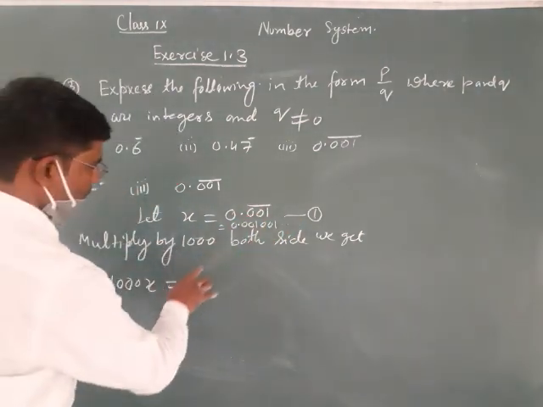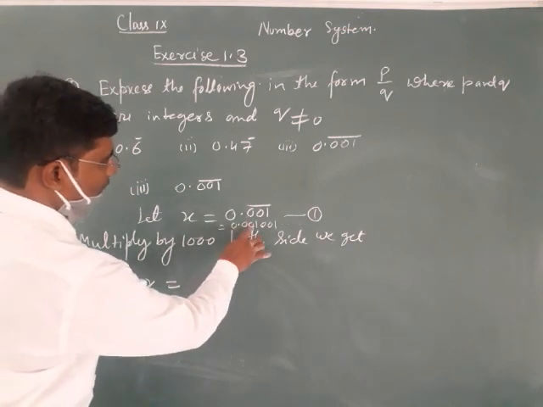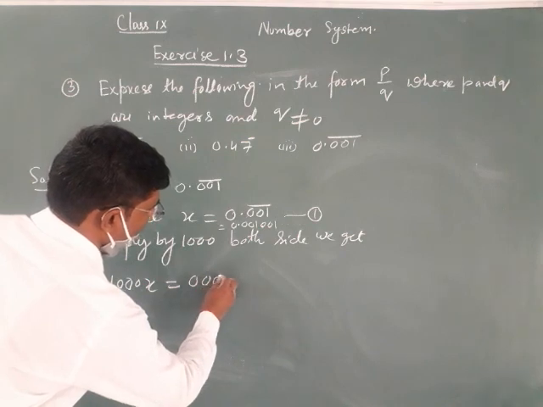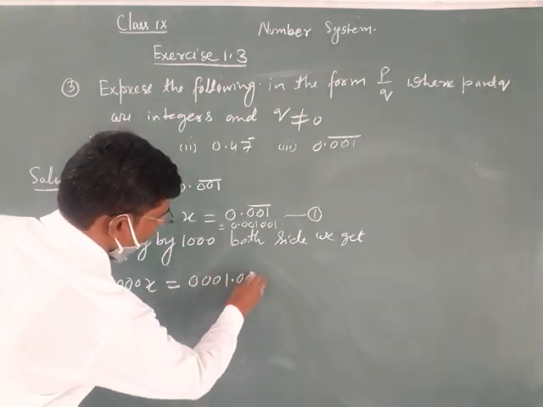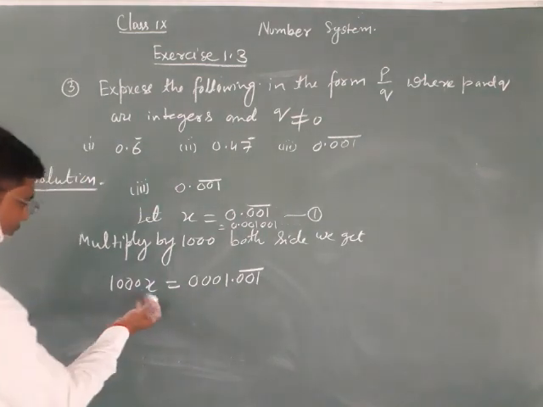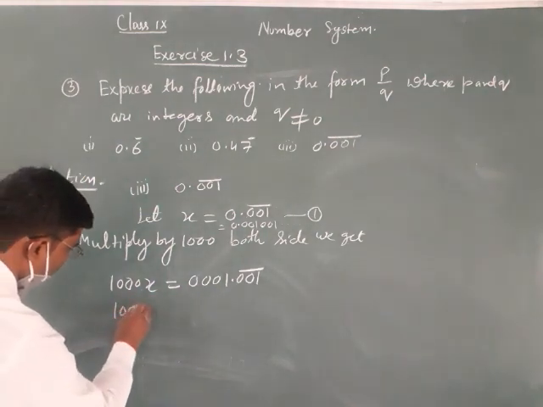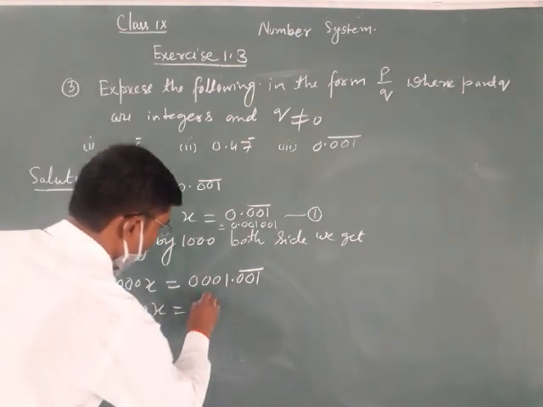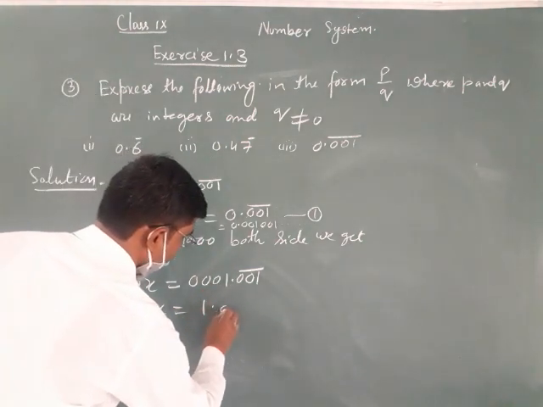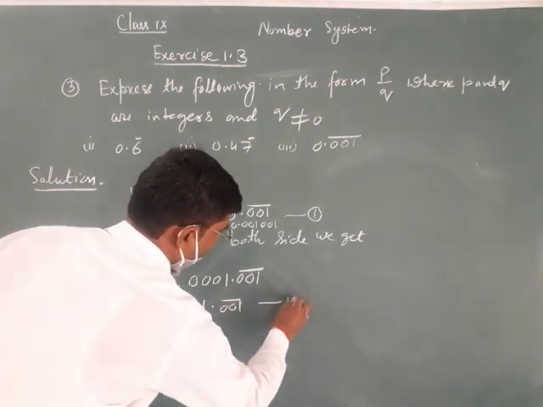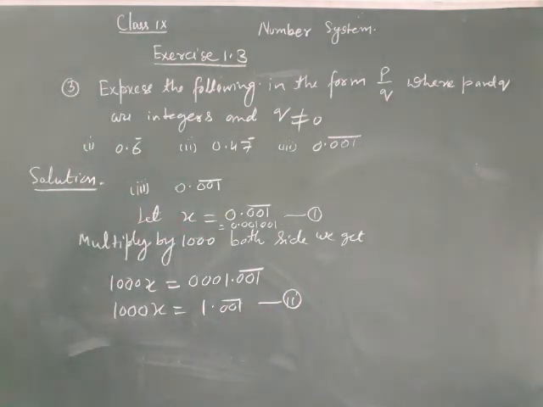So now multiply by 1000, we get 1000x is equal to, you can write, 1.001 bar. Now taking this as the second equation.